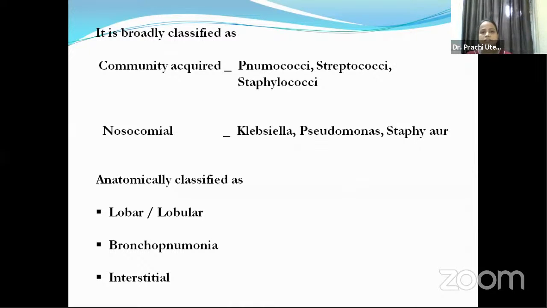These are the organisms responsible for nosocomial pneumonia. In the anatomical classification, there are lobar, bronchopneumonia, and interstitial, the three major types according to the pathological region involved.